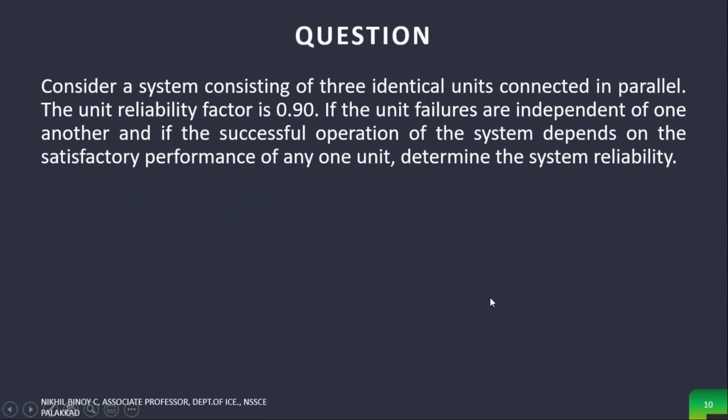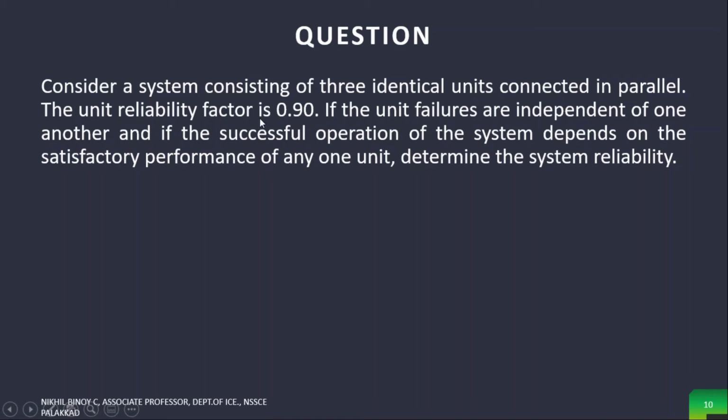Okay. So now we come to a problem. Consider a system consisting of three identical units. So please note the probability of the three units are the same. That is identical units connected in parallel. So we have parallel configuration. Logically, from a reliability point of view, these units are in parallel.